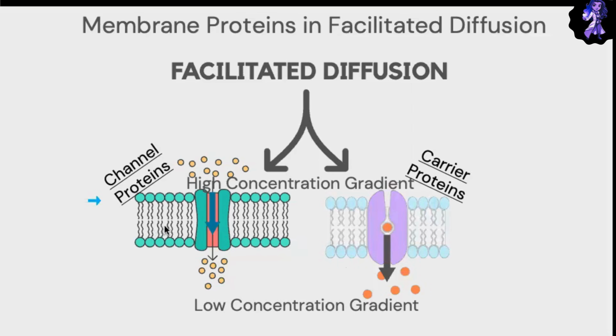Channel proteins provide a tube-like structure, which we're going to go into in more detail in just a second, that makes the environment okay for the items on one side to go to the other side. It still goes from areas of high concentration to areas of low concentration, but the goal is to avoid the hydrophobic area in here, and that is why they have proteins.